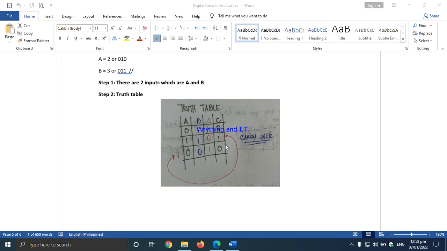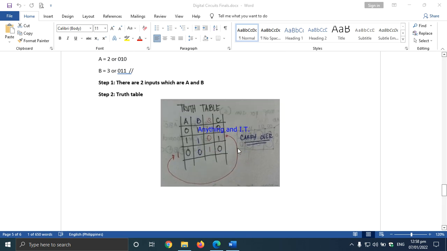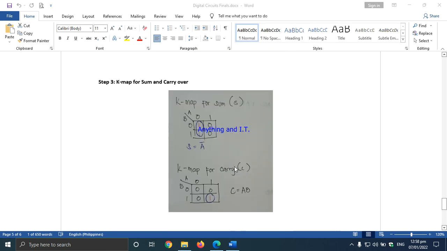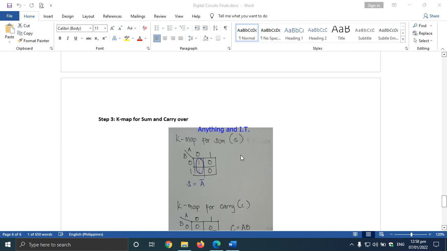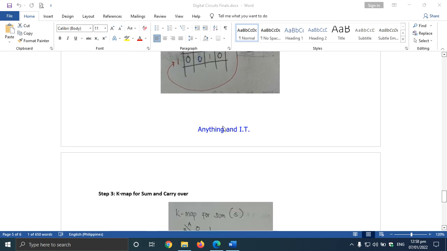So now, ang magiging sagot dyan is, of course, 2 plus 3 will give us 5. So if you're going to interpret this one, 101 in its decimal equivalent, that will be 4 plus 1, which is equivalent to 5. Okay, so for step 3, came up for sum and carry over. Ipa-plot lang natin yung ating truth table.